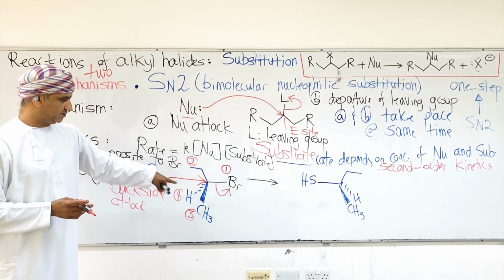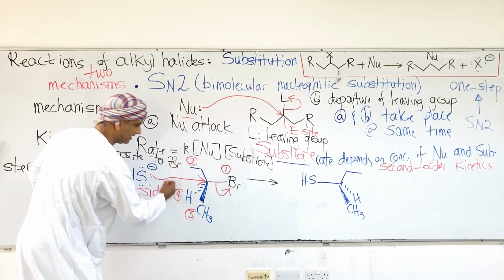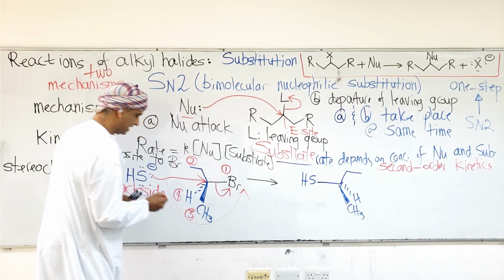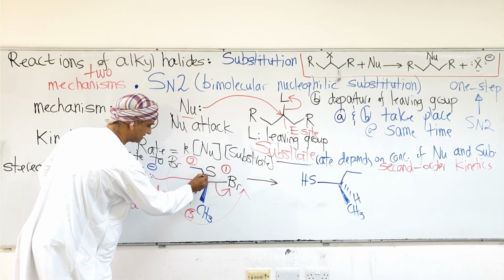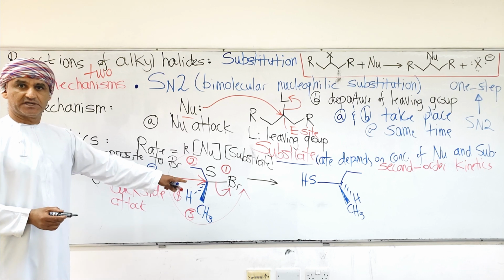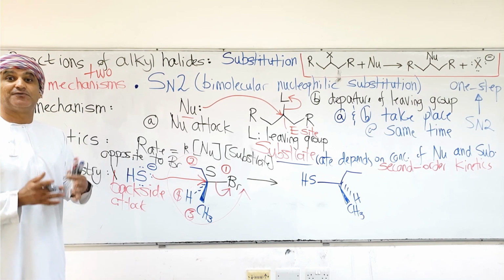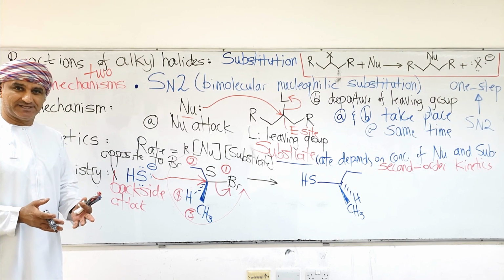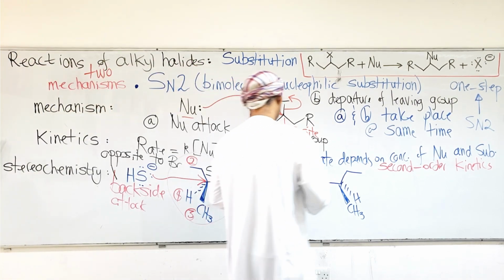Now, if you follow the priorities, 1, 2, 3, this is counterclockwise rotation, and the configuration here, therefore, is S. So S is the absolute configuration around this chiral center in the reacting substrate before the reaction. Now, after the reaction, let's determine the priorities.